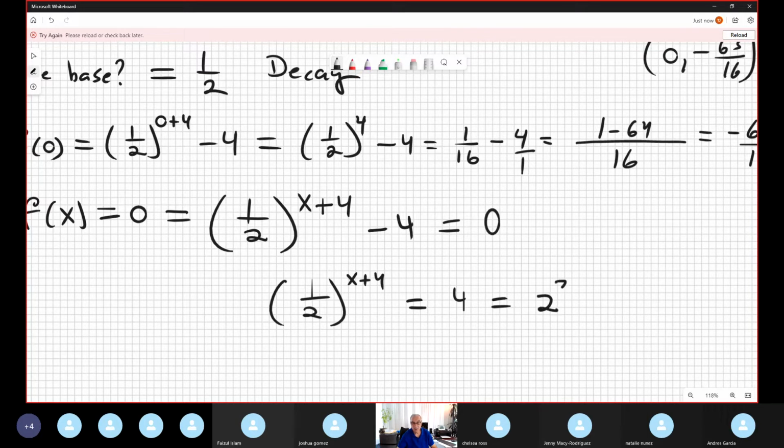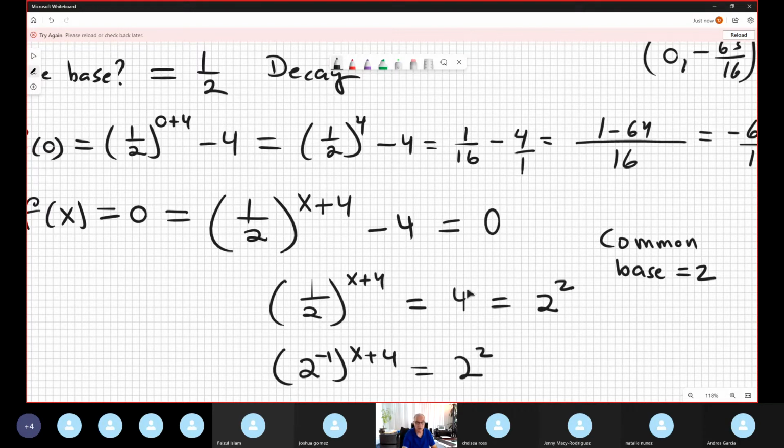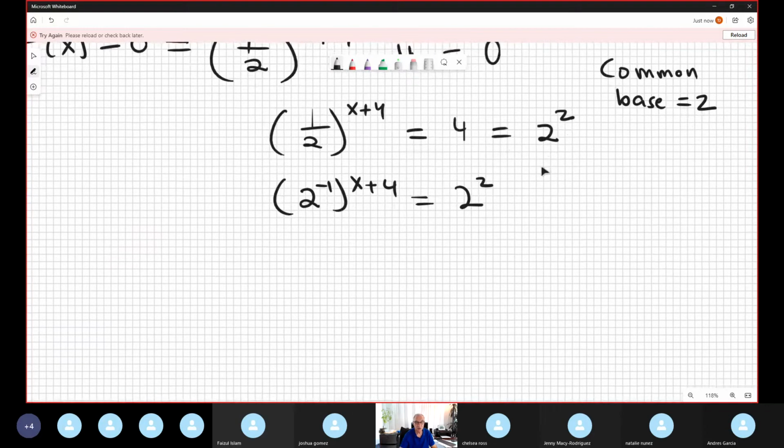Express it using a common base. The common base, in my opinion, is 2. But professor, it's 2 here, but it's 1/2. But I know that 1/2 you can represent as 2 to the minus 1, and 4 equals 2 to the second power. Now you apply the rule of the exponent: when you have a power of a power, you multiply. So 2 to the minus (x plus 4) equals 2 to the second power.